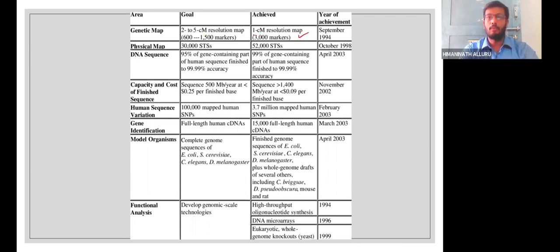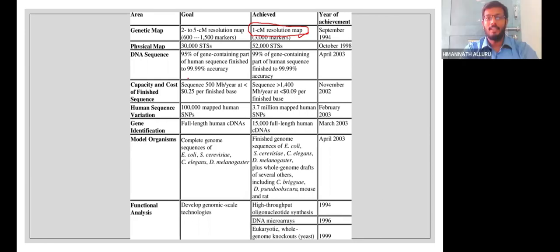Can anyone say what a 1 centimorgan resolution map is, teachers? Or even what a centimorgan is? You all know what Morgan did. Can we try to say something based on that? He tried to show recombination. Yes, ma'am, what did he say? Depending on the distance at which genes are located, that much recombination will be there.